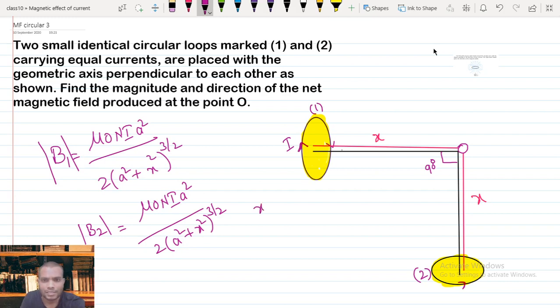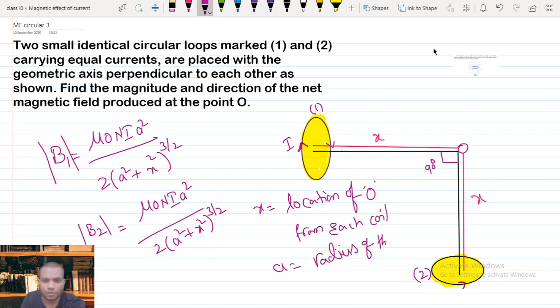Here x is the location of point O from each coil, and a equals the radius of the loop.